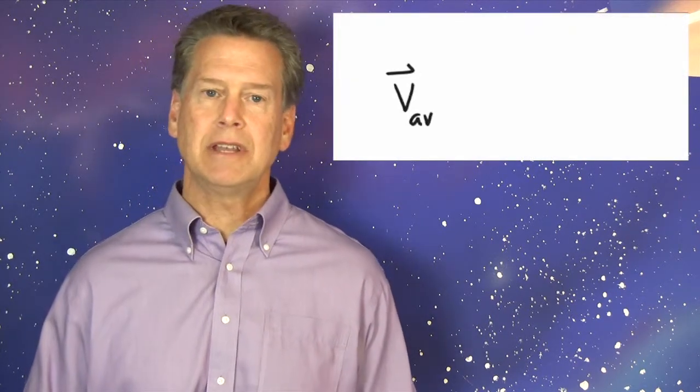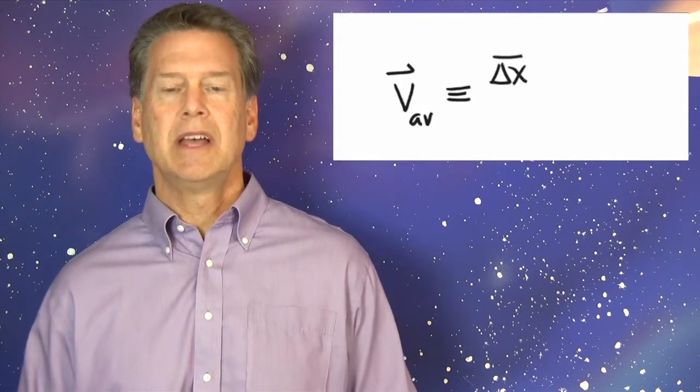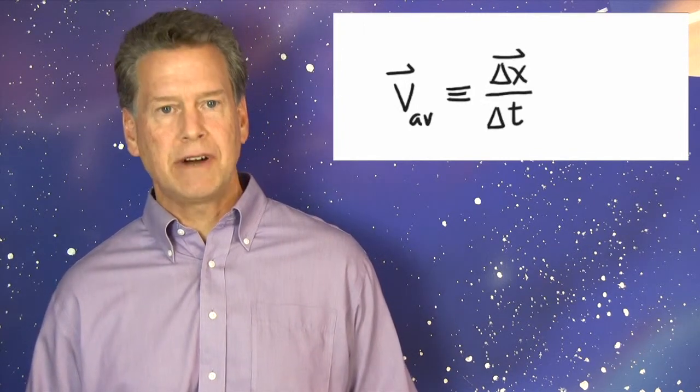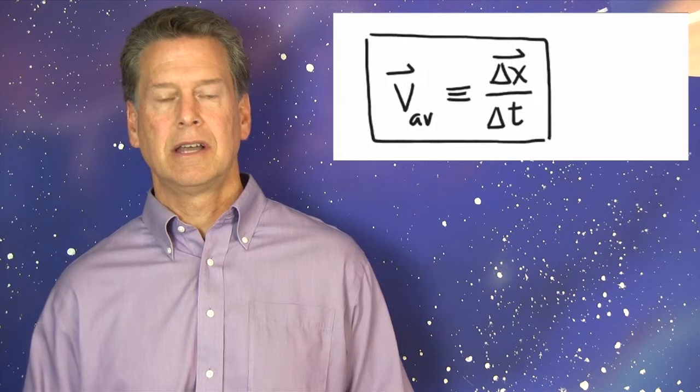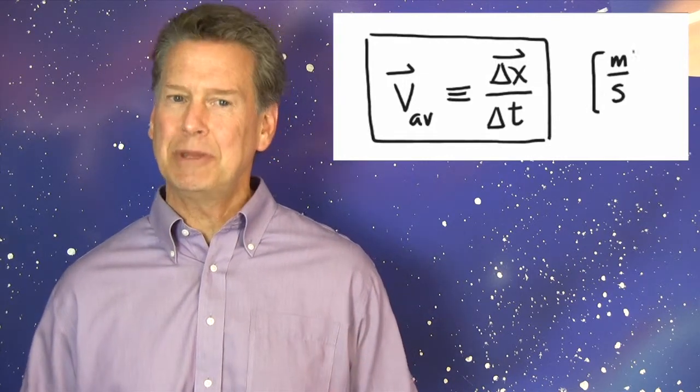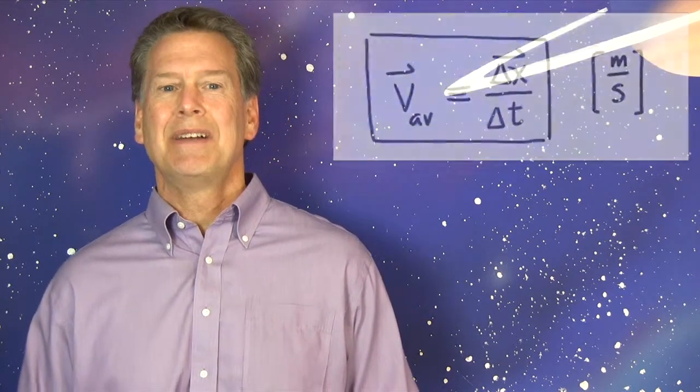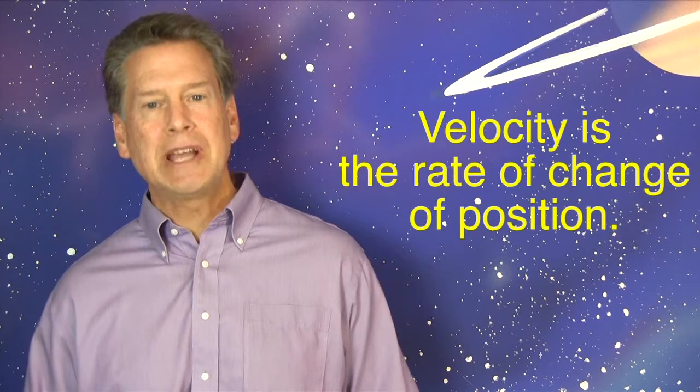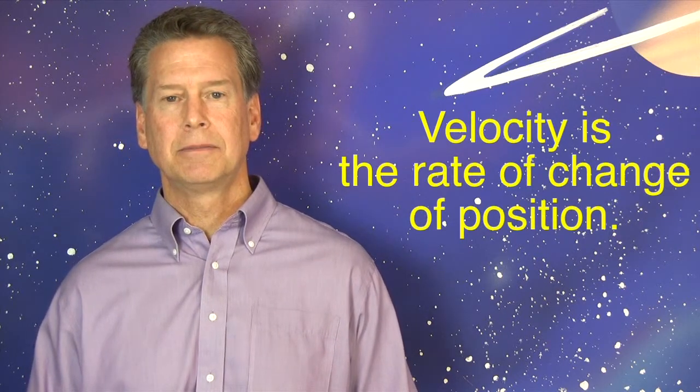If we want something to remember, and I hope we do, let's remember what was boxed in earlier, namely the definition of average velocity. V vector sub AV is defined as delta x vector divided by delta t, probably in meters per second. There's another way of saying all this that can be very helpful. Velocity is the rate of change of position.